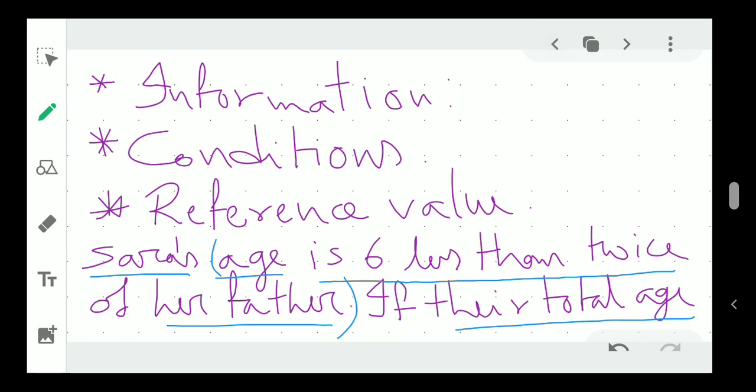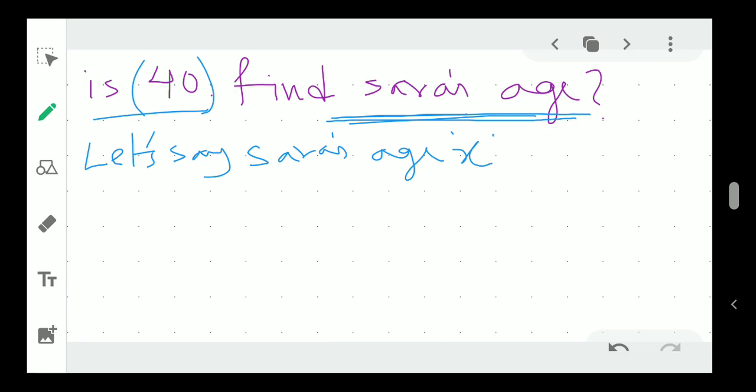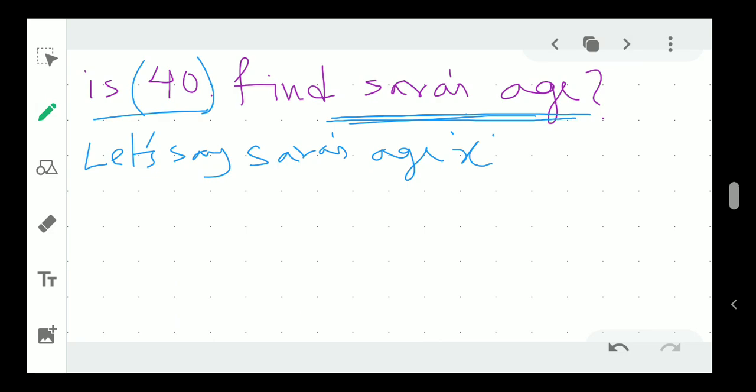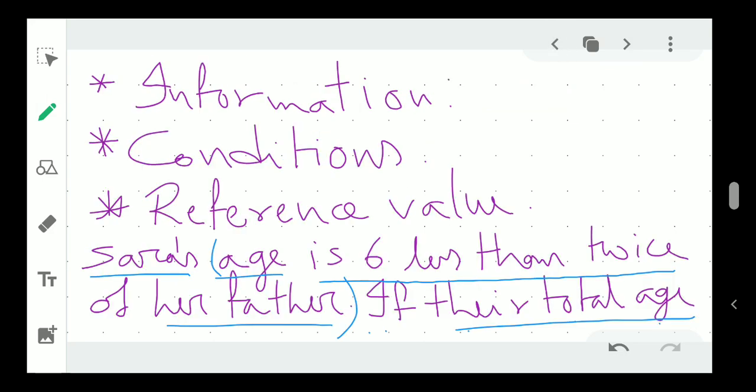Already I have considered Sarah's age as X. Second thing, you have to find one expression to solve. So look at here, what reference value is given? If their total age is 40. So I have to find out my expression.